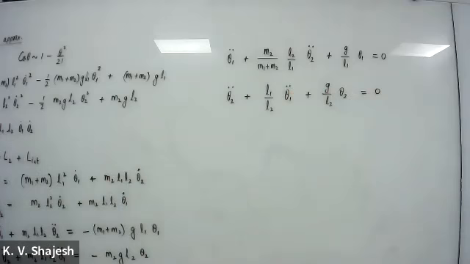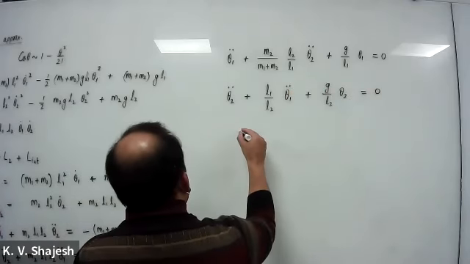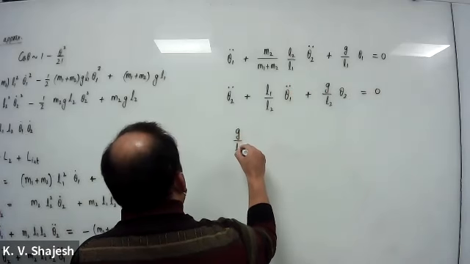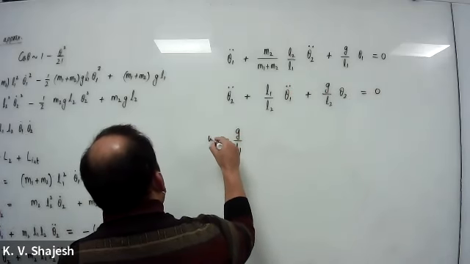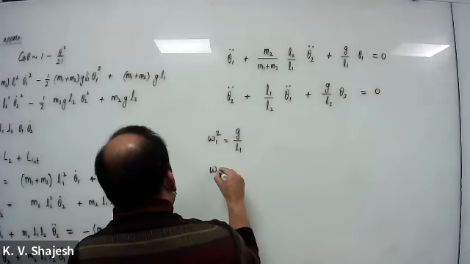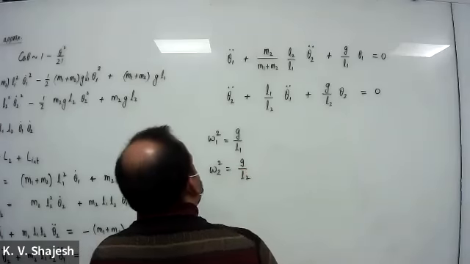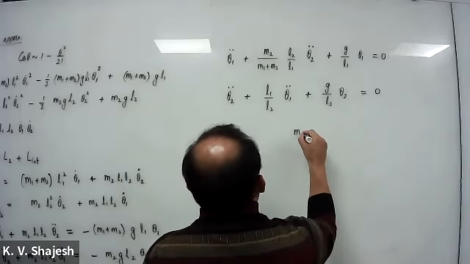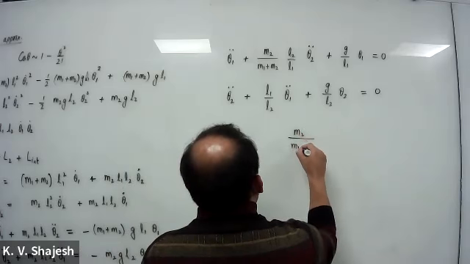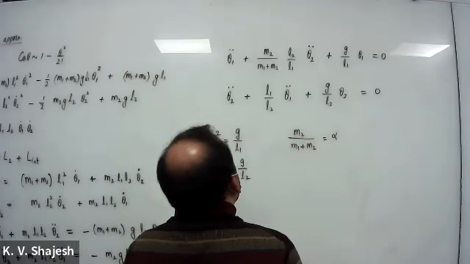Okay. Let me define a few things. g over L1 is equal to omega 1 square, the fundamental frequency of the first pendulum. Omega 2 square is g over L2. Say m2 over (m1 plus m2) is alpha.